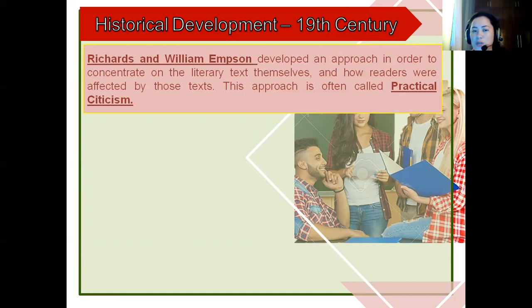So if you will be doing this kind of study, you will be subjecting the readers to different literary works and then try to decipher the effect of a certain literary work to the readers who are participating in your study. This approach is often called practical criticism, from the word practical, meaning really looking at the impact of the literary text in the real context.